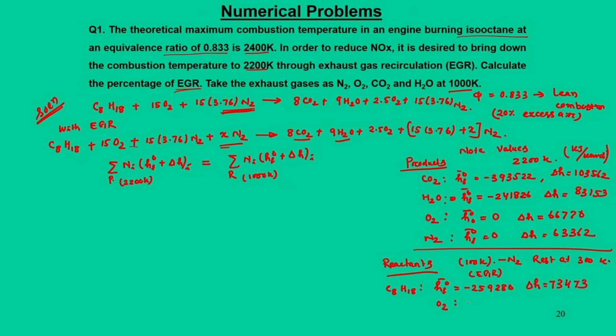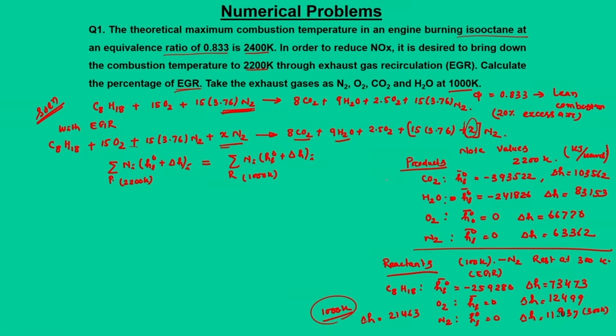O2: hf° is 0, delta h is 12,499. N2: hf° is 0 and delta h is 11,937 at 300 Kelvin, and at 1000 Kelvin this delta h value is 21,463. This 1000 Kelvin value refers to component X.